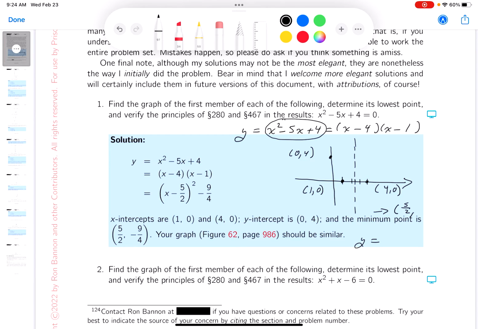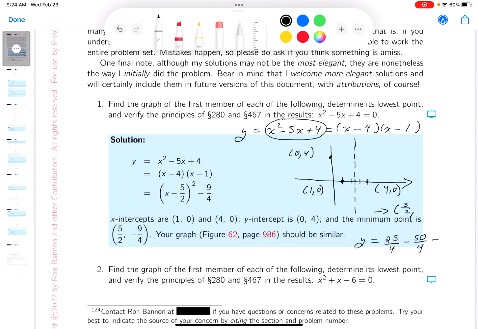And let's write this down. What do you get? 25 quarters minus 25 halves. Right, so minus 25 halves, that's minus 50 quarters.